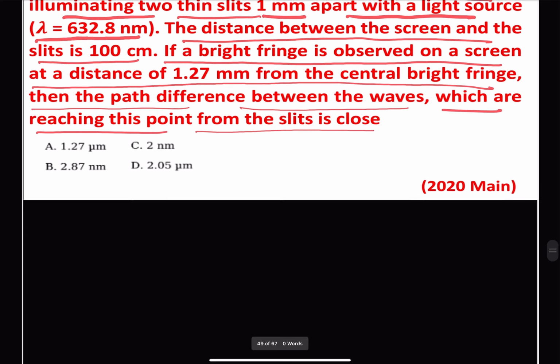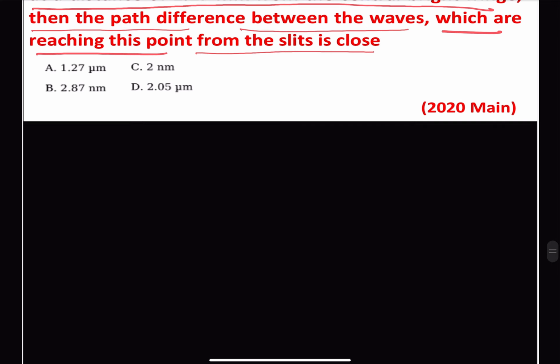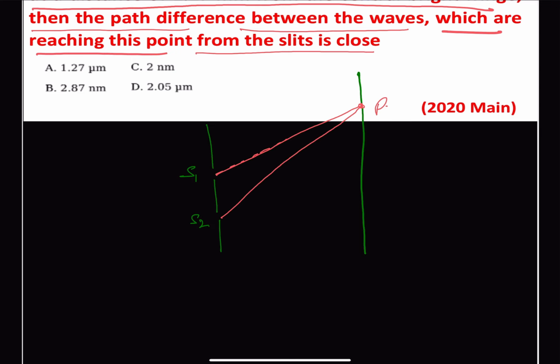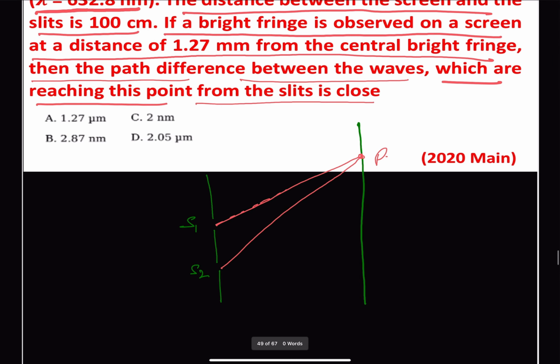So here let us draw an approximate figure. So we are given two slits. This is S1 and this is S2, and on the screen there is a point P. It says that a bright fringe is obtained at a distance of 1.27 millimeter from the central bright fringe.